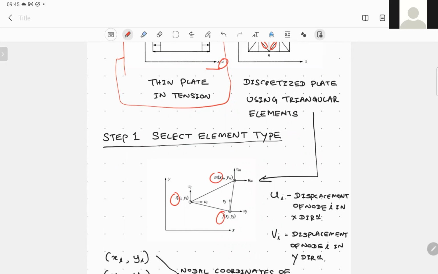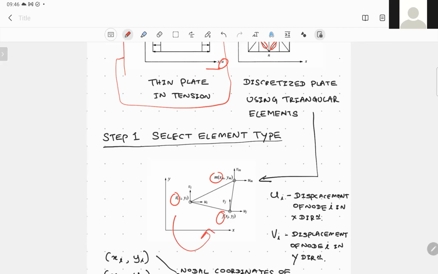It is important when the problems get complex. It's easy to understand and easy to tackle the problems when you have a certain convention. So the convention here is that we go counterclockwise when we are labeling the nodes.